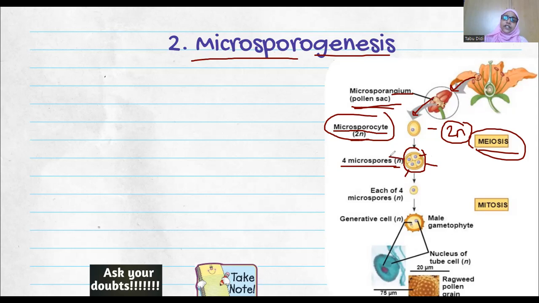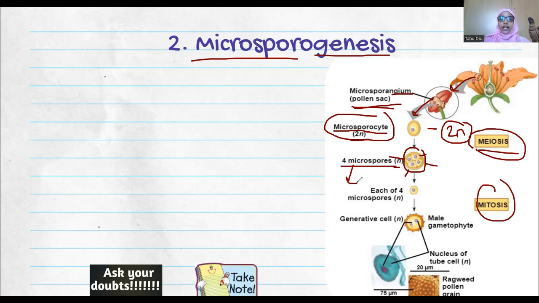These microspores will individually develop and they will now multiply and increase their number by which type of division? Mitotic division. 4 microspore बन गया तो क्या 4 pollen grain से काम बन जाएगा? No, there has to be a larger number of pollen grains for pollination to take place. So how will these more pollen grains be formed?